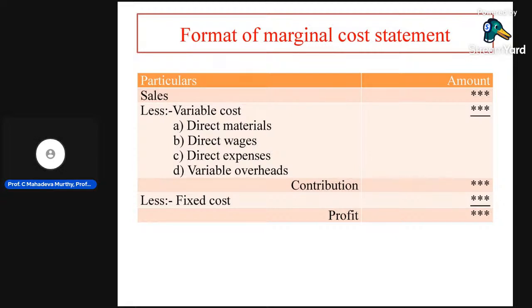Contribution minus fixed cost is equal to profit. Fixed cost I already explained: whether the company produces goods and services or not, the company has to incur some fixed expenses. Contribution, sales minus variable cost, minus fixed cost is equal to profit. We will get the profit. This is the pro forma of the marginal cost or variable cost statement.